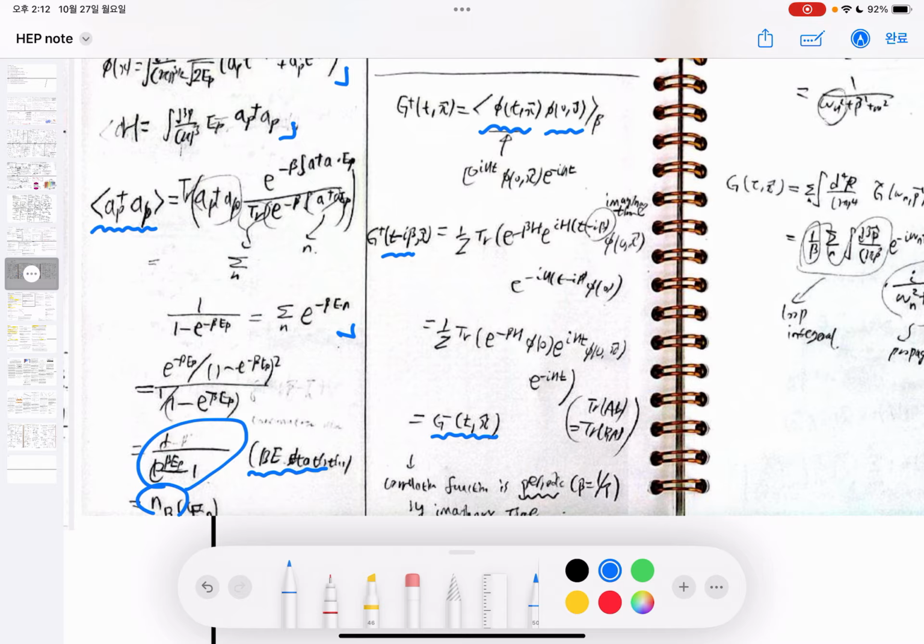So the correlation function shows the periodicity with the beta as 1 over T by using the imaginary time formulation.